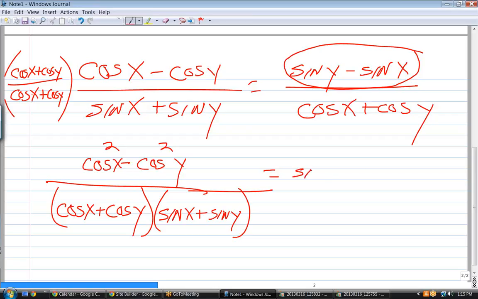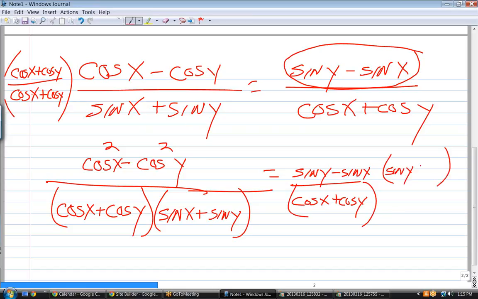In other words, sine y minus sine x all over cosine x plus cosine y. I'm going to multiply it all by this, sine y plus sine x all over sine y plus sine x.